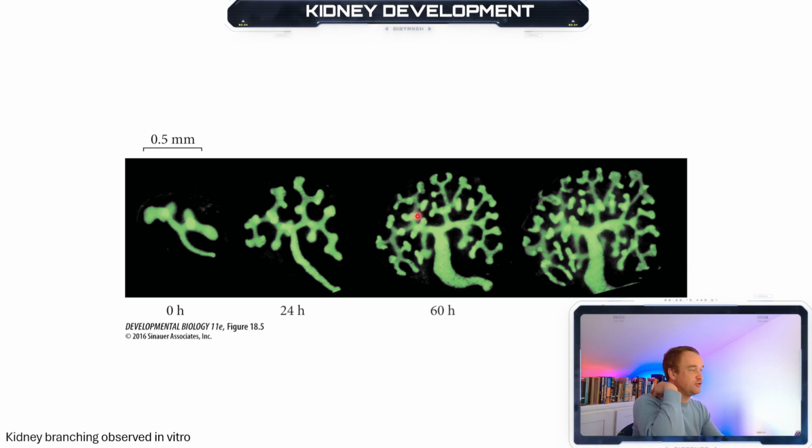It expressed green fluorescent protein in the Wolffian duct, which is this big duct right here, and the ureteric buds. The cool thing about GFP is since they cultured it, it's living tissue, you can watch it grow. It's all one section. It's not multiple mice. It's just this one continuing to grow. It's the same sample each hour.